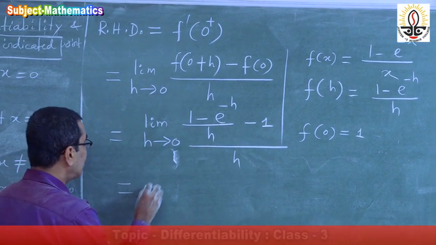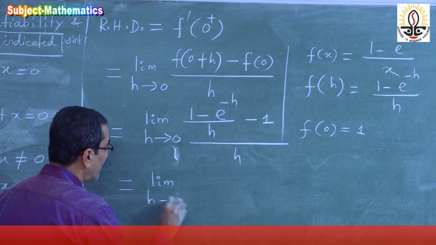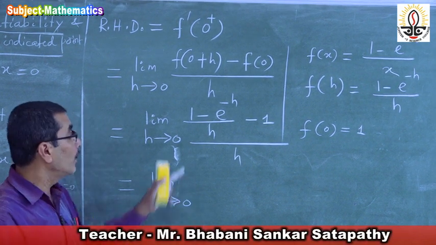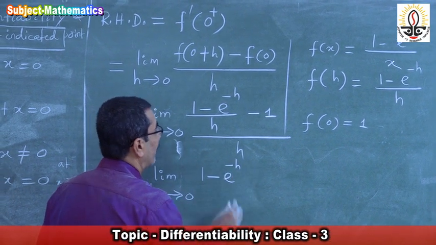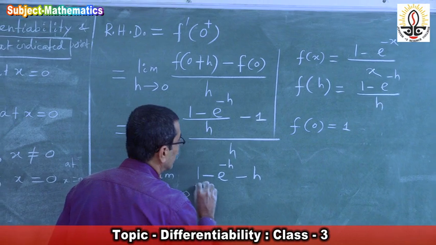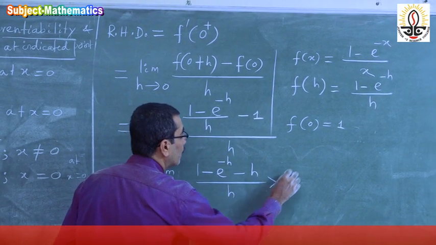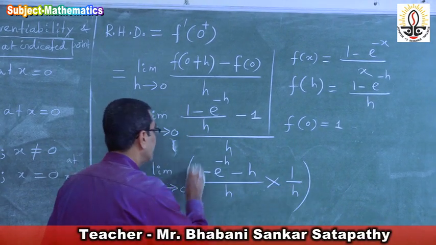This is equal to limit h approaches 0. If you simplify this, (1 minus e to the power minus h) divided by h, into 1 by h.